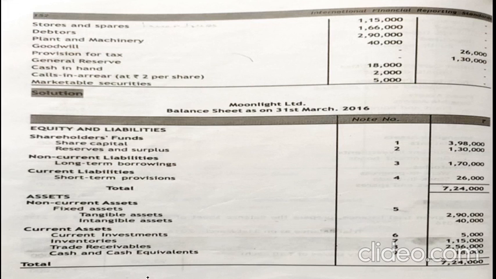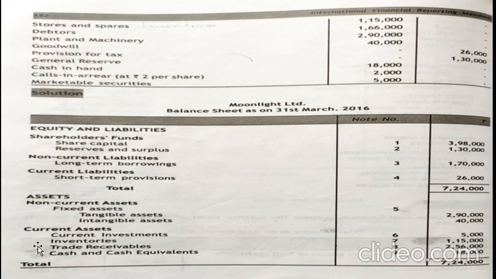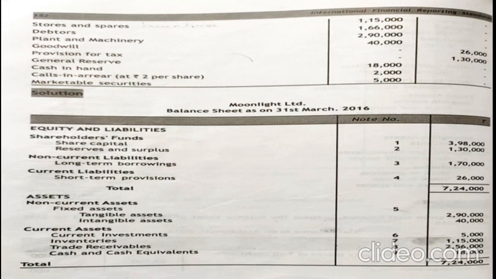Next under inventories we have stores and spares, working note 7, which is 1,15,000. Next we have trade receivables, under which we have debtors and bills receivable. The total of it is 2,56,000, working note 8.